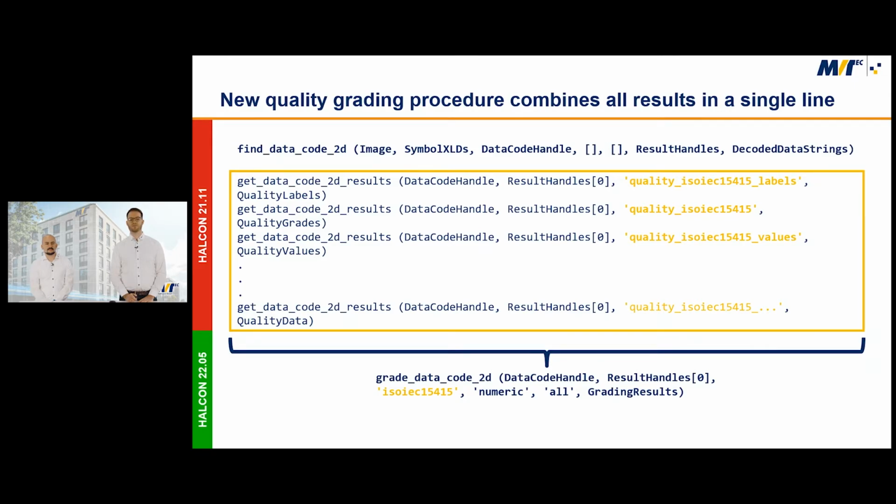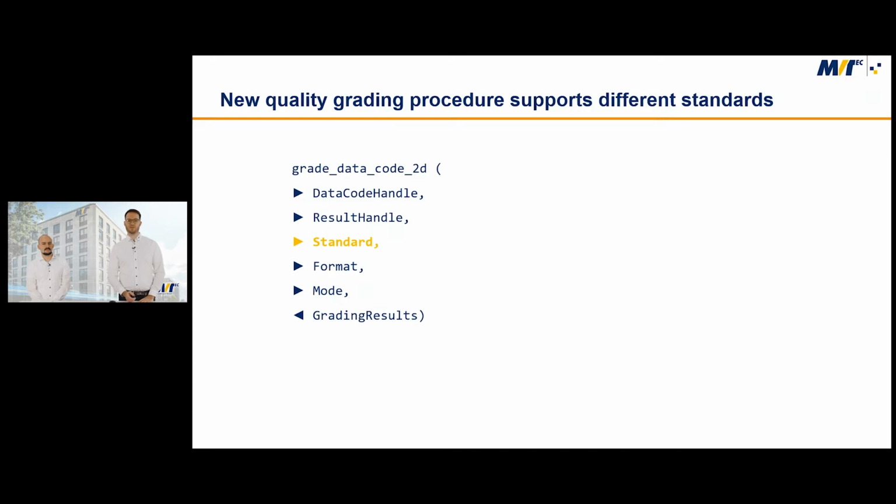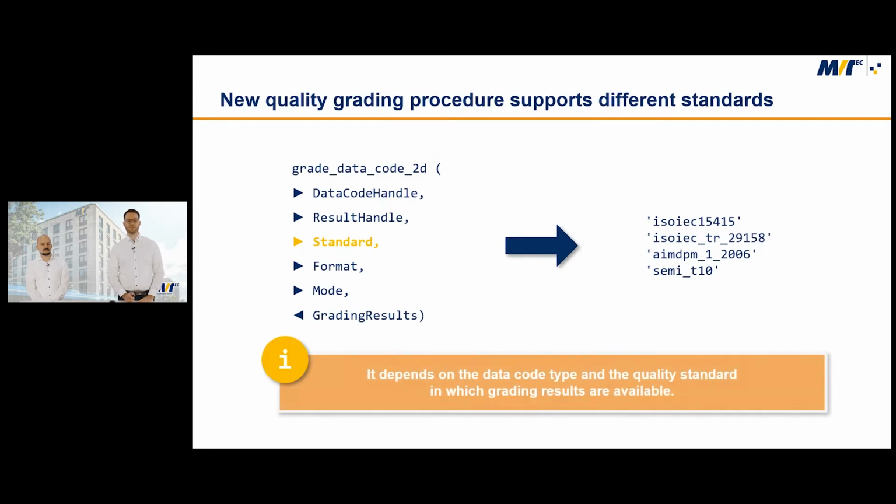And now there's a procedure, grade_data_code_2d, which does all of this for you. And with this procedure, you can even put in as an input the different kind of standard that you want. So for example, these kinds of standards. Of course, only the standards that are applicable for your data code are going to be available here.